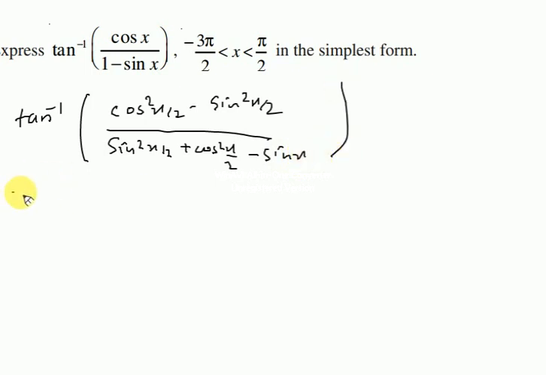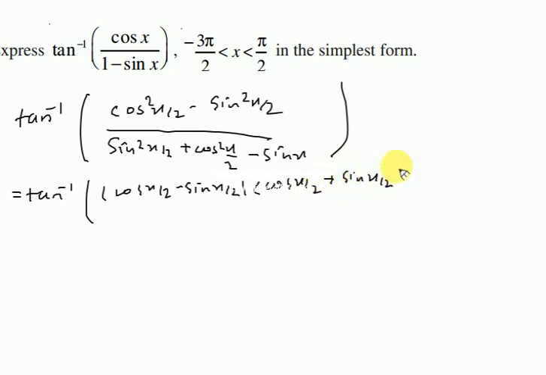So this is equals to, numerator is tan inverse of cos square x by 2 minus sin square x by 2, which is cos x by 2 minus sin x by 2 into cos x by 2 plus sin x by 2.